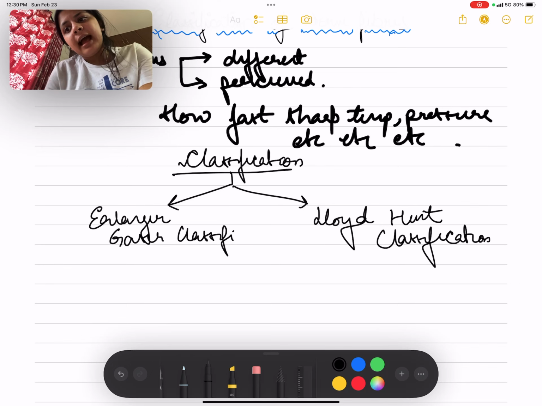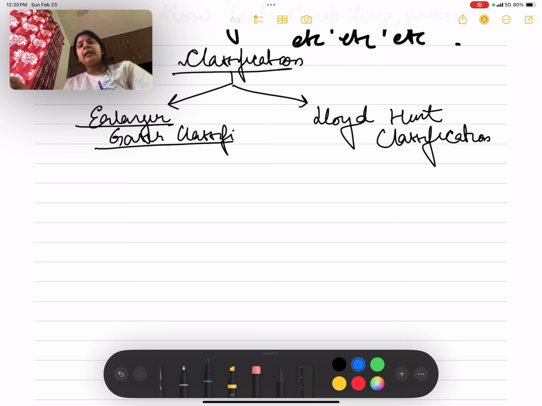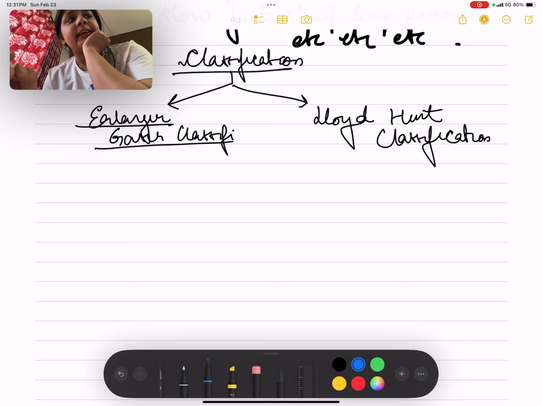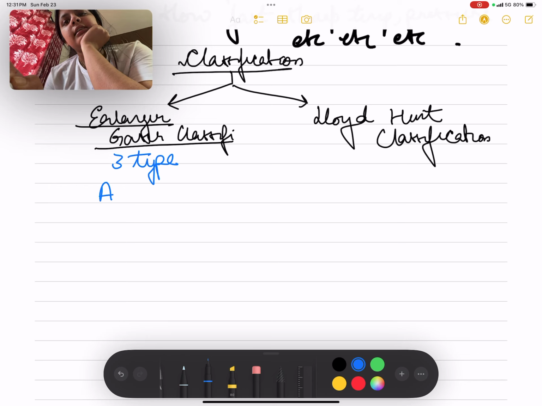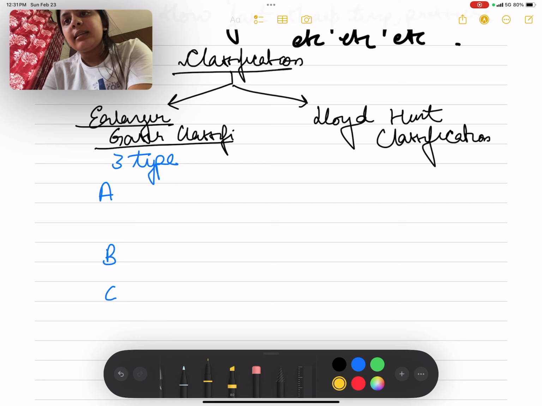First we will study the Erlanger-Gasser and then the Lloyd-Hunt. According to the Erlanger-Gasser classification, we have divided the nerve fibers into three types: A, B, and C. And all this is based on the degree of, what is the basis? The basis is the degree of myelination.